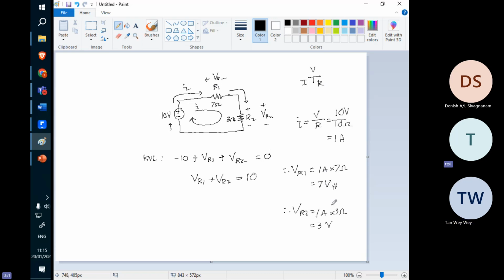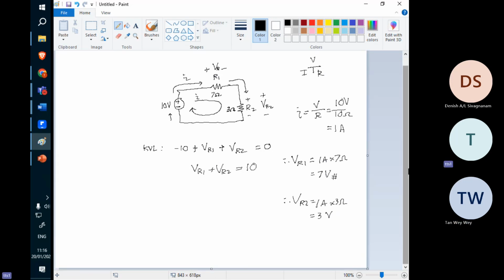But when you sum these two voltages, they should come to the maximum of 10. Can you get the picture from here? You understand, right?